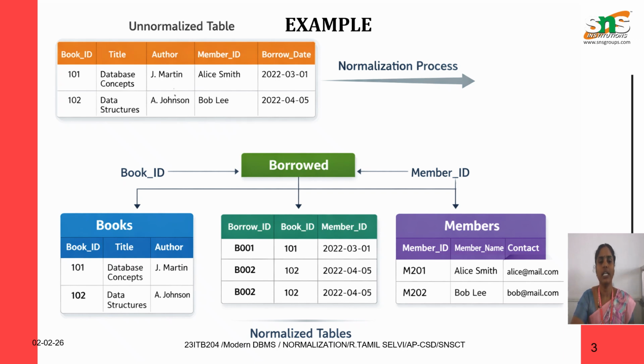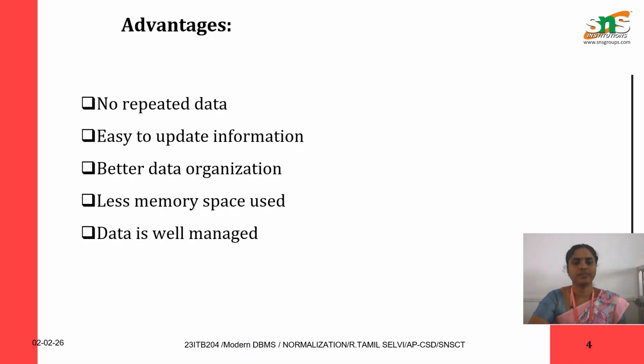We are creating the relationship between Books and Member using the table Borrowed with the attributes borrowed ID, book ID and member ID. This reduces the wastage of storage space and improves the performance.